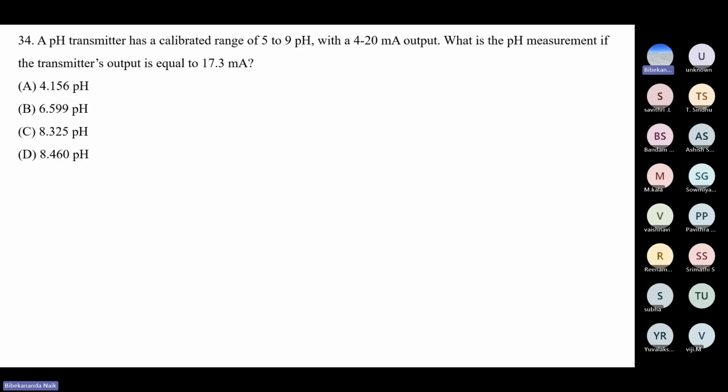So what is the pH measurement if the transmitter's output is equal to 17.3 milliampere? It is very similar to the previous question. So let's solve it and tell me what is the actual pH value corresponding to 17.3 milliampere.